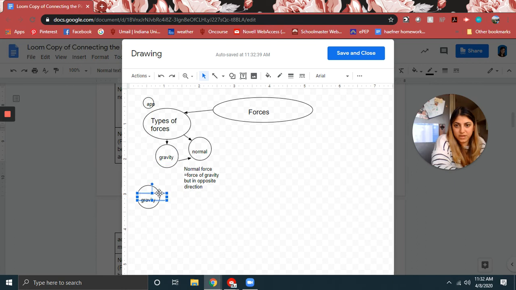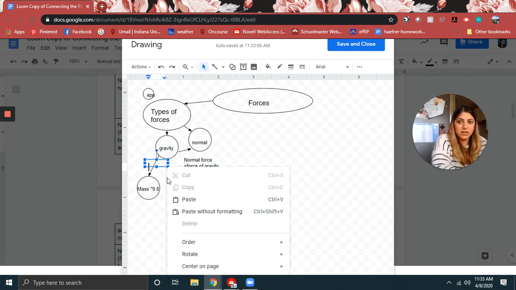Right, let's move that over. Change this to be mass. And then we can put in mass times 9.8. And that is the force of gravity. And I would include an arrow. And my text box to show how this connects would just say equals.